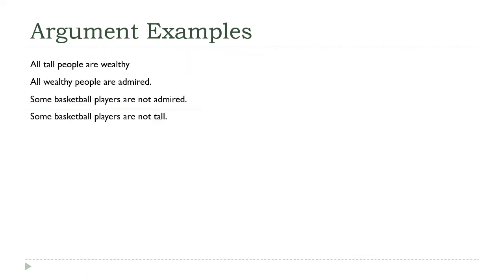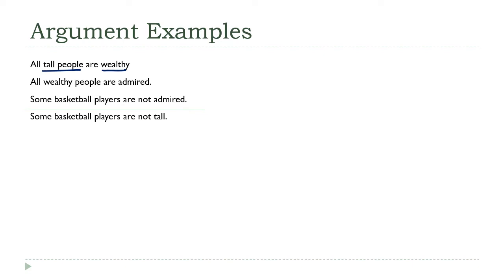Okay, so I've got a bigger one here. We've got more than one circle here to think about. All right, so let's start walking through this and see how we can diagram this. So first, we have to have a circle for tall people and another one for wealthy people.